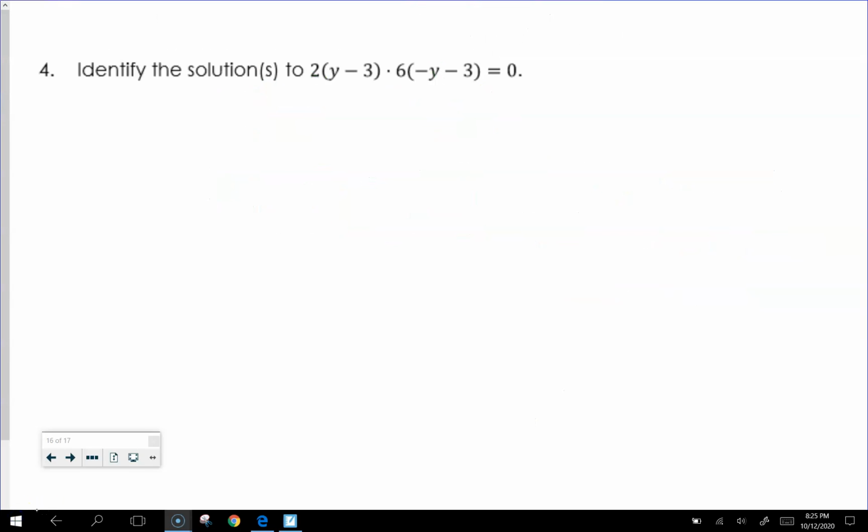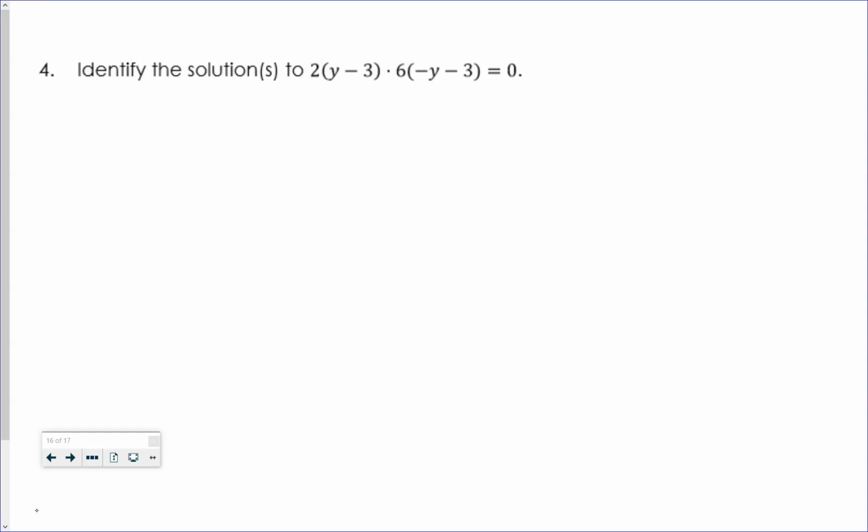All right, my next one is identify the solutions to 2 times y minus 3 times 6 times negative y minus 3 equals 0. This time, if you notice, we actually have 4 different factors. We have 2, y minus 3, 6, and negative y minus 3.